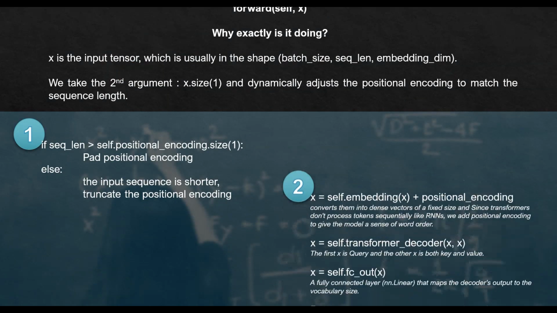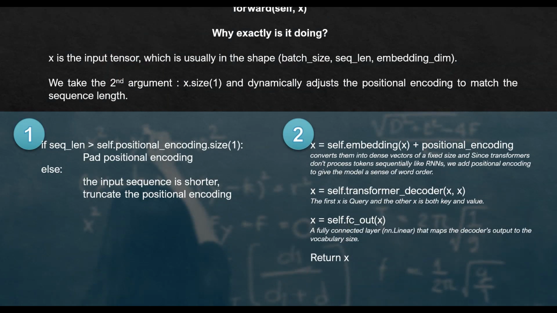For the second part, we have to add the positional encoding. Basically, self.embedding converts our tokens into dense vectors of fixed size. Since transformers don't process sequentially, we need to add the positional encoding for the model to know the order of the words. Then we use self.transformer_decoder, where X is the query and the other X is both key and value, so that you have an attention matrix for both of those.